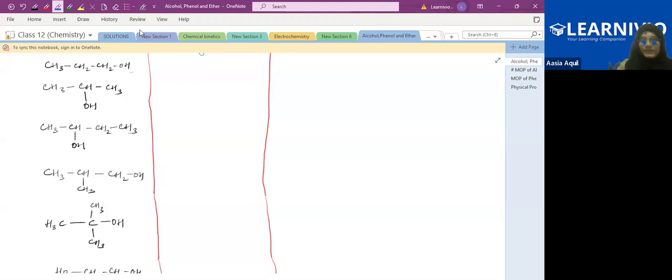Yes, first one. Safrina, tell me the common name of this structure. Propanol. Common name, children, common name.